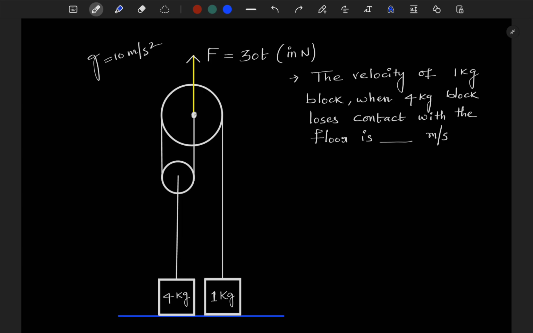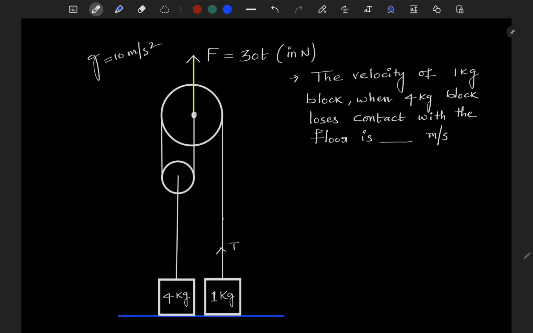So first we'll start solving this by assigning the tension in the string. I am choosing this string. Let's say the tension in this string is T. You know, tension always tries to pull the mass. So this is the direction in which the tension is acting on the 1 kg block.